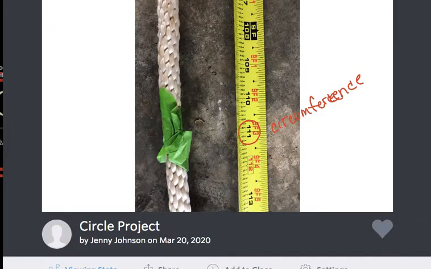So now I have the diameter, which we said, diameter is equal to 35.5, and the circumference is equal to 111 inches, and then we know that pi is approximately 3.14.